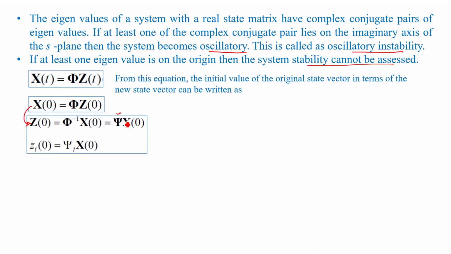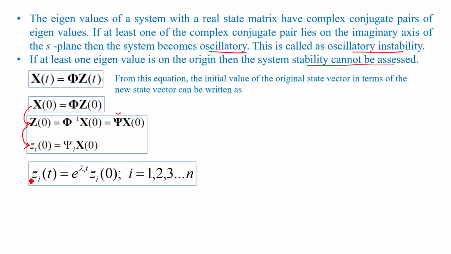Phi inverse is psi, so psi x(0). If I write one element, that is the ith state variable, the initial condition z_i(0) will be equal to psi_i x(0). We know the equation z_i(t) is equal to e to the power lambda_i t z_i(0), and it is valid for all state variables.